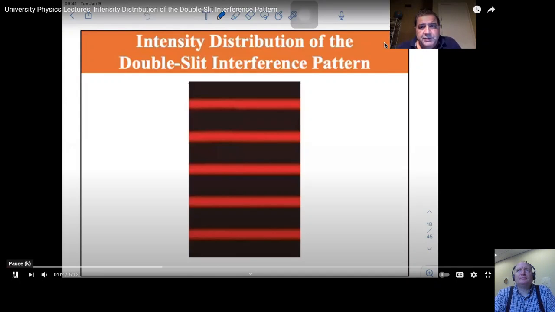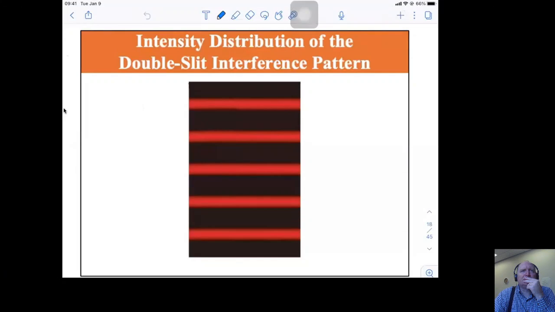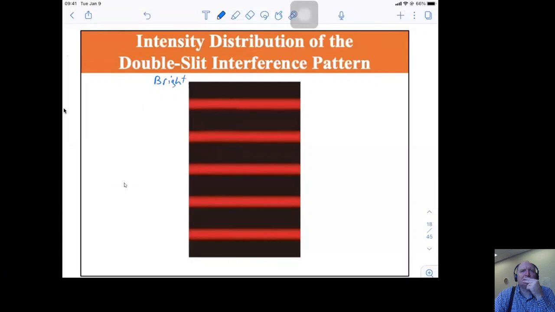Okay, we're at 36.3, but before we go on, I'm going to make sure that everybody understands what these different modes are. So we're going to assume that what they're talking about here is centered, so that for the brights, we'll have the brights and the darks over here.